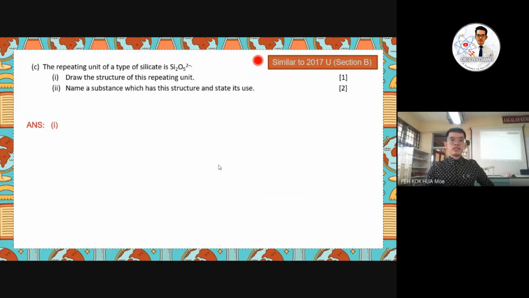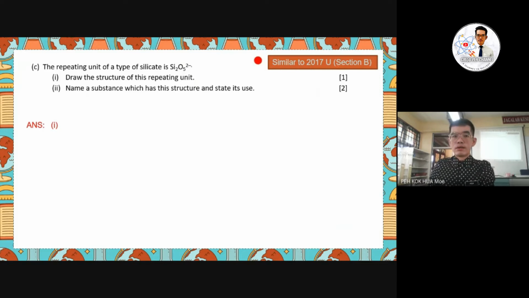Then part C. The repeating unit of this type of silicate is Si2O5. This one is similar to the section B discussion from our last discussion. This is regarding silicates, year 2017.